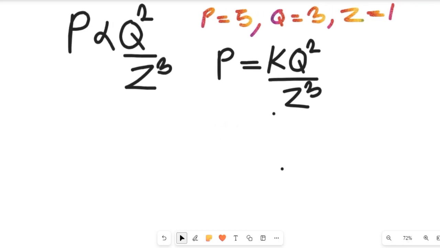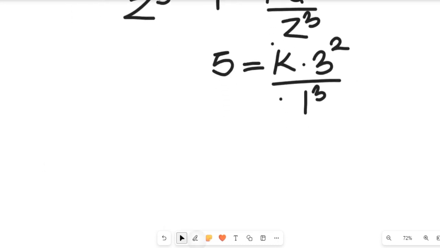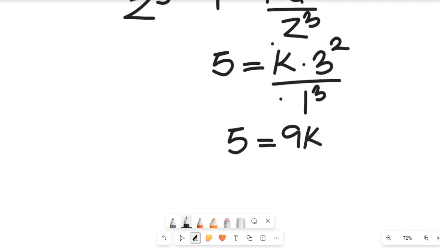P is 5, right? So 5 is equal to K multiplied by 3 square, and this is divided by 1 cube. So what would that expression give us? That expression will give us 5 will be equal to 3 square is 9, multiplied by K is 9K divided by 1.